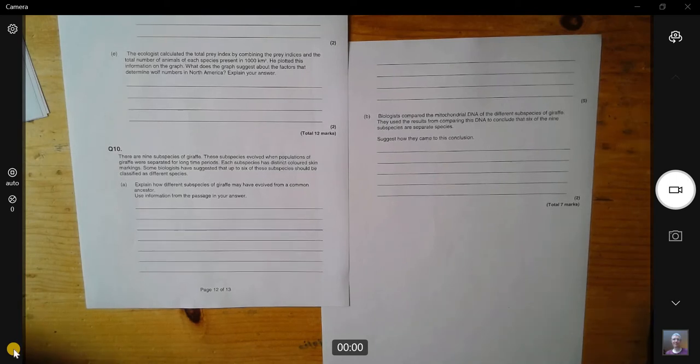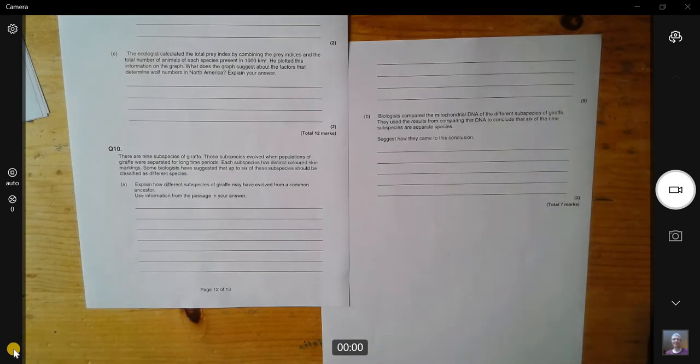So the last question in your assignment book, question 10, giraffe. There are 9 subspecies of giraffe, and what's a subspecies? It's sort of on the way to being a species. They could possibly interbreed, but probably don't at the moment.